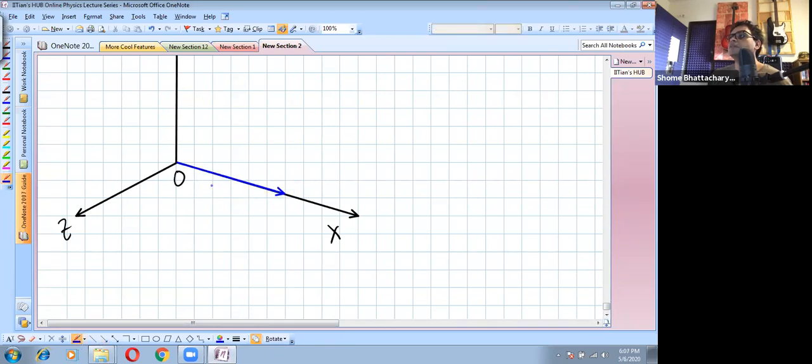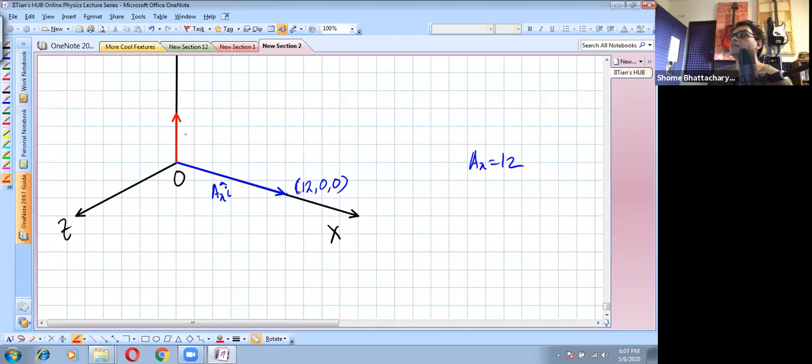This will be the vector Ax i cap. It will be the line joining the origin with this point, whose coordinates will now become 12, 0, 0, because the Ax I had taken was 12. Now similarly, where will the vector Ay j cap lie? It will lie like this.